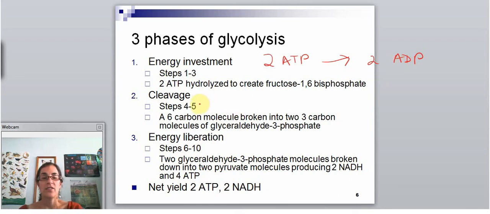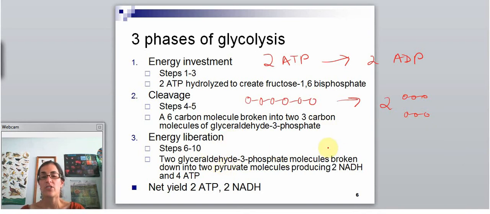So in the second phase of glycolysis, cleavage occurs, and to cleave means to split. So this is where a 3-carbon molecule, which I'm drawing out here as little dots, splits into 2 of these 3-carbon molecules. And then the last step is energy liberation.